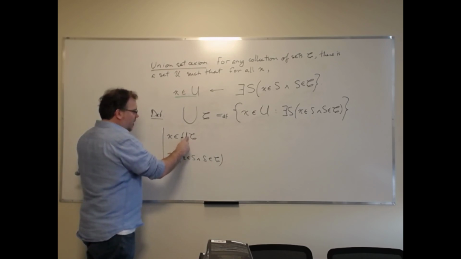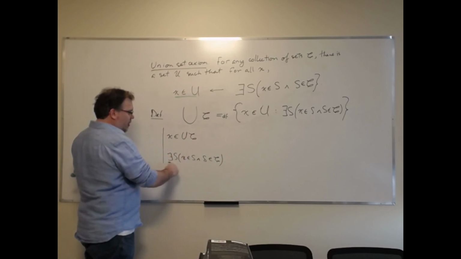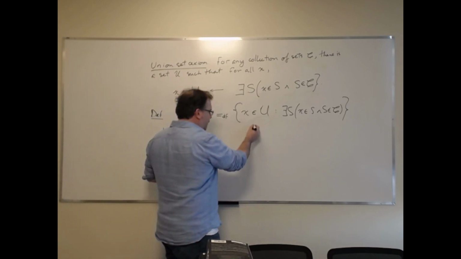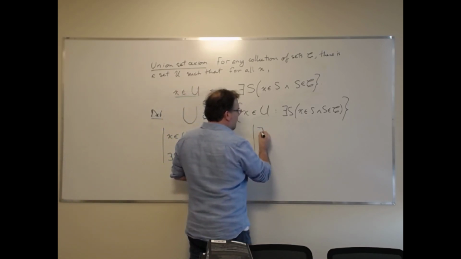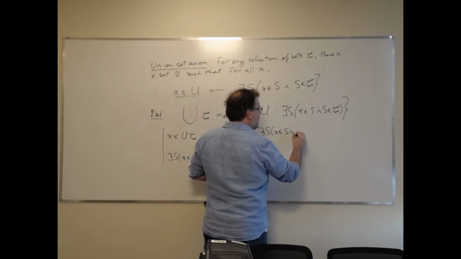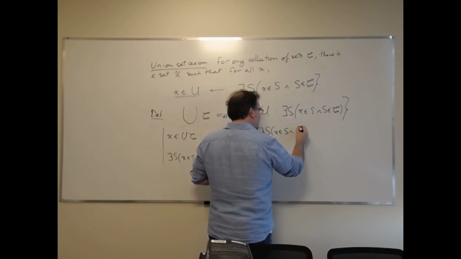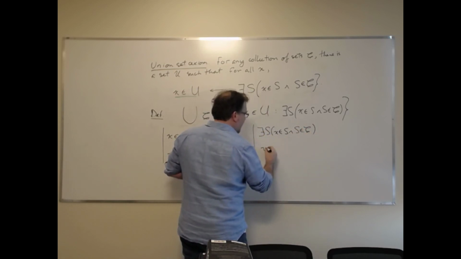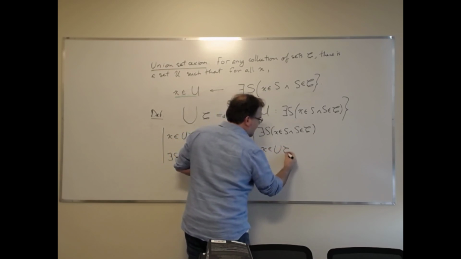X is in the union set just in case it's in one of the sets in the collection. And we can flip things around and say, well, if we know that X is in some set in that collection, then it follows that X is in the union set.